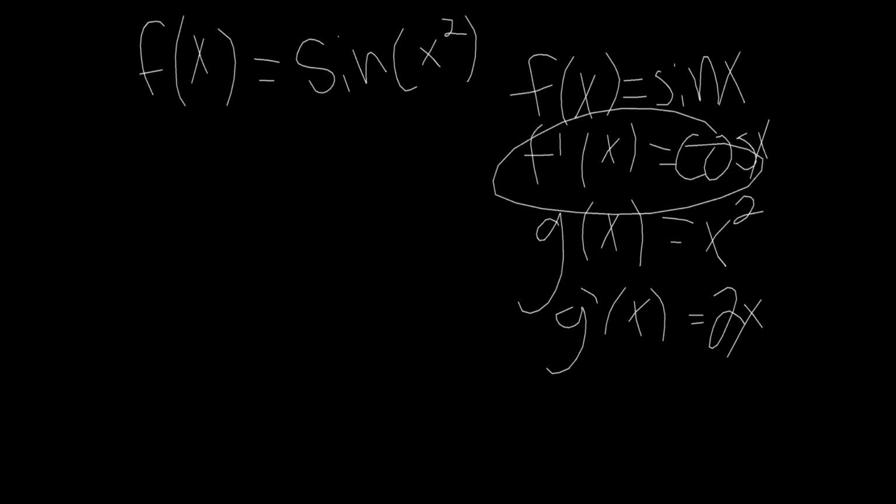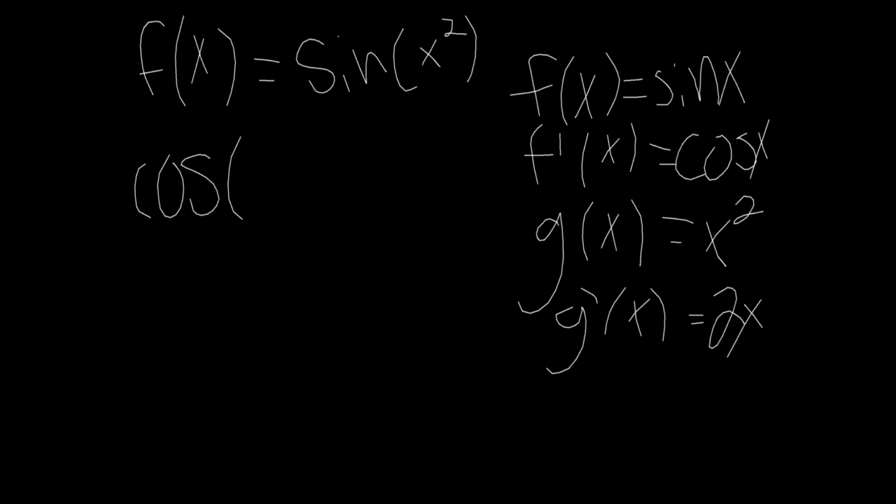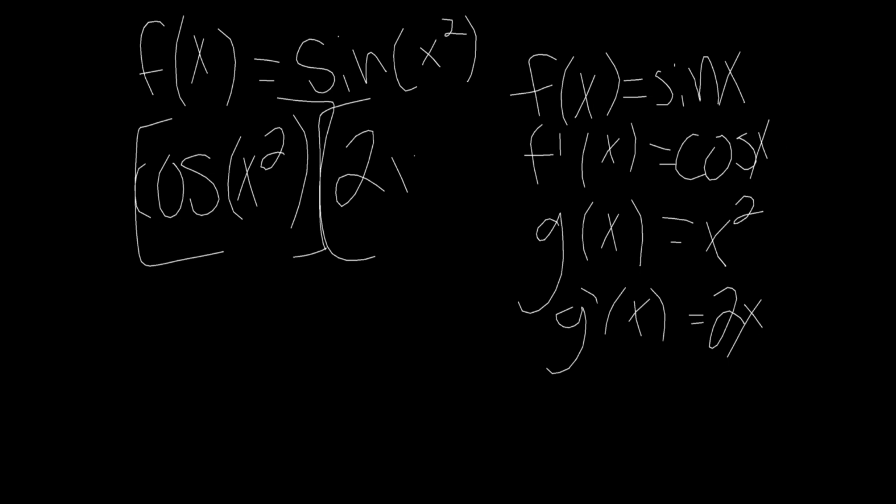So we have our outside derivative function, cosine of what was inside, x squared, all multiplied by our derivative of the inside, which is just 2x. And that is equal to f prime of x.